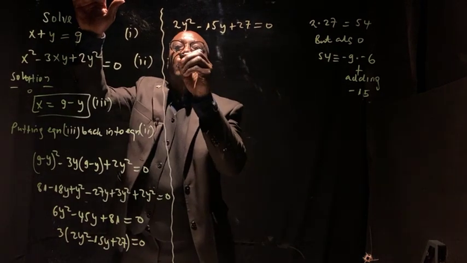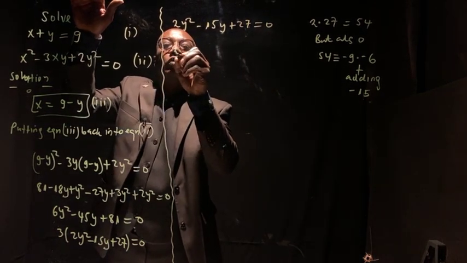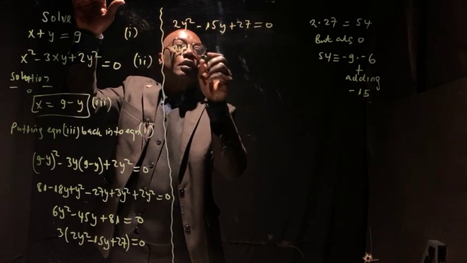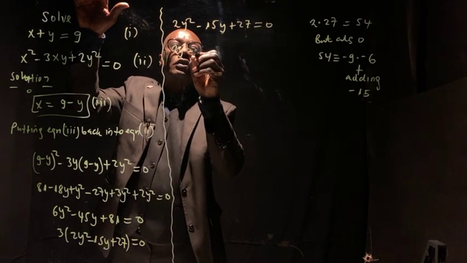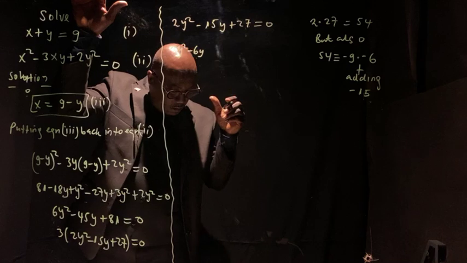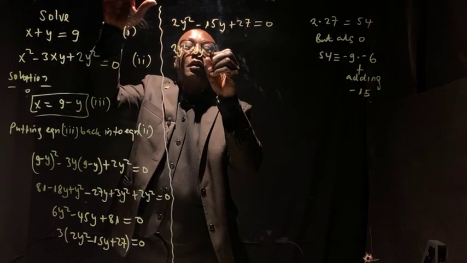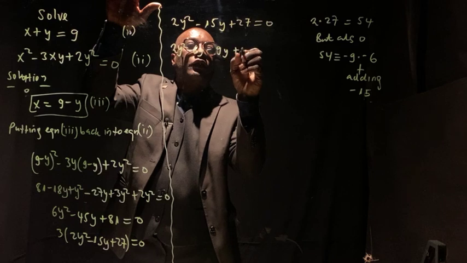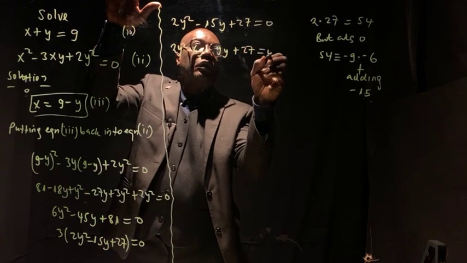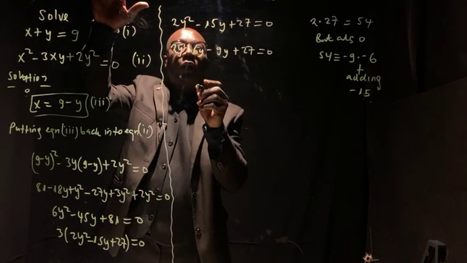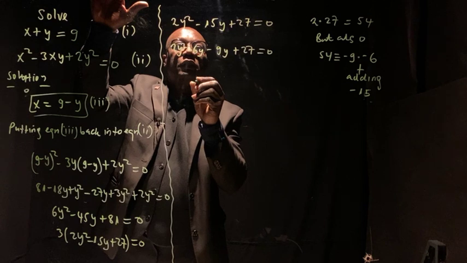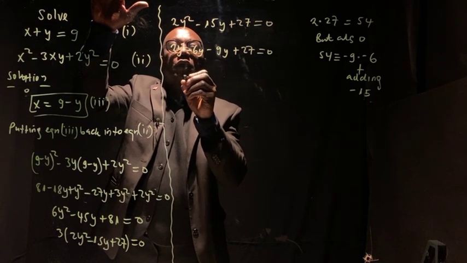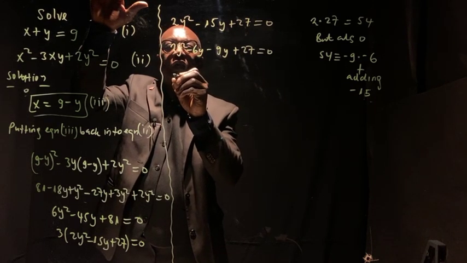In that case, this equation becomes 2y squared minus 6y minus 9y plus 27 equals 0. Then we can do some factorization further.